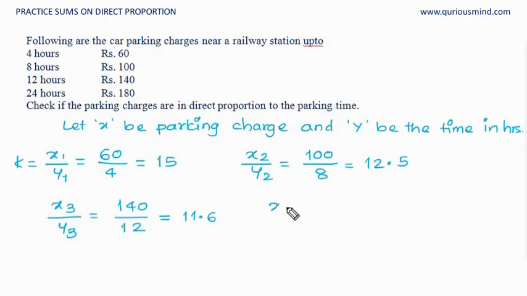And for x4 upon y4, 24 sevens are 168, 12 remains, so it is 7.5 rupees. And now if you see the value of the constant, which is the ratio, it is not the same, and hence the parking charges are not in direct proportion.